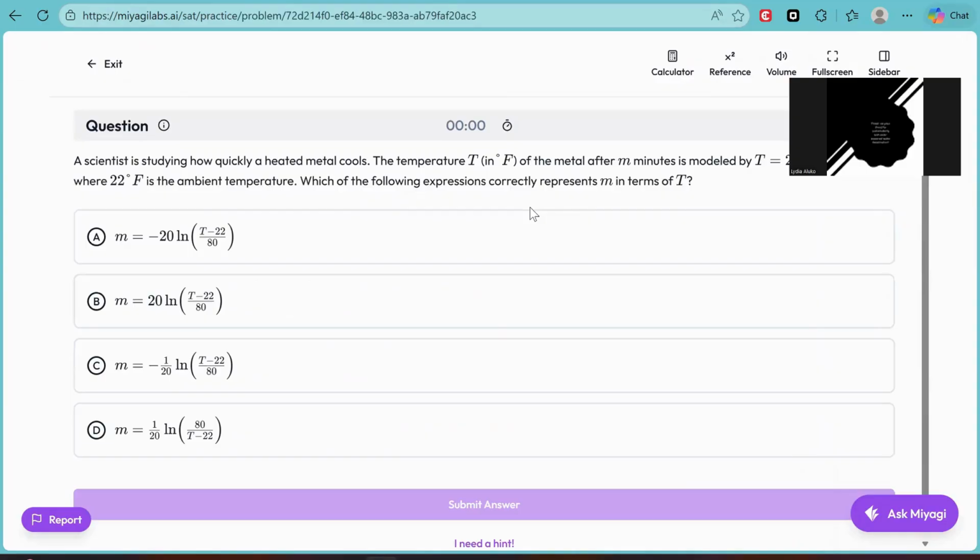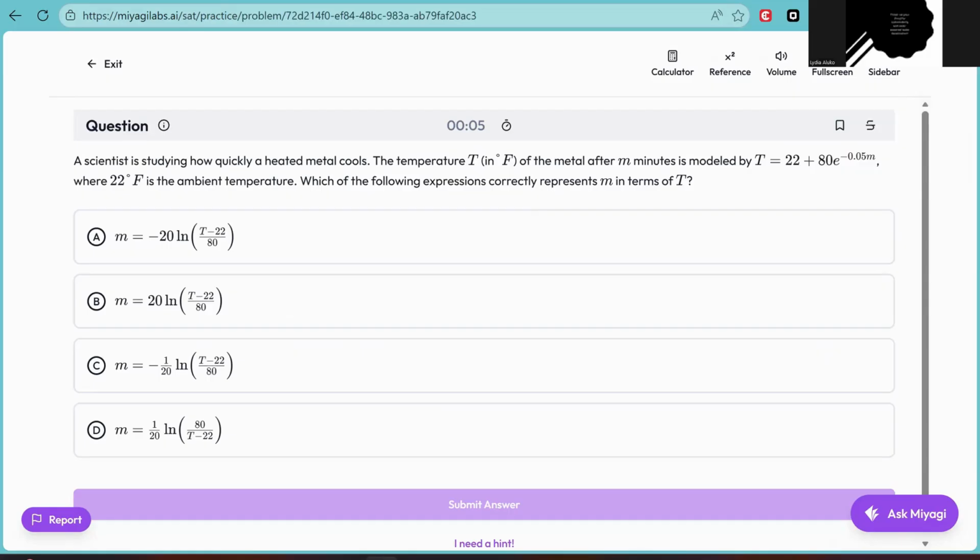Okay, let's read the problem shown. I'll give you guys about 10 seconds to read it. Okay, so the question says a scientist is studying how quickly a heated metal cools.